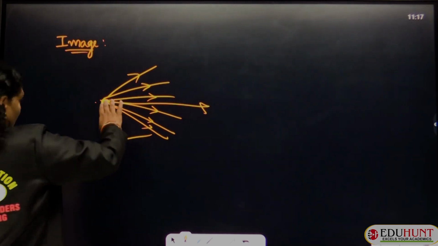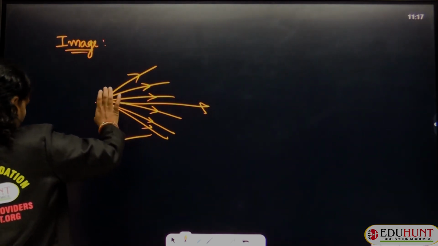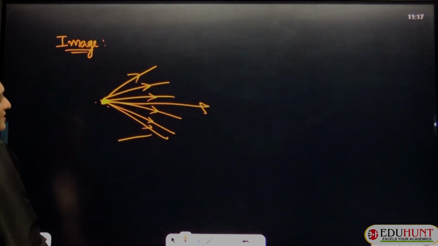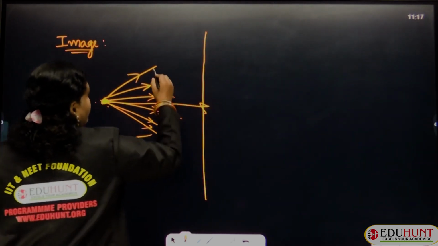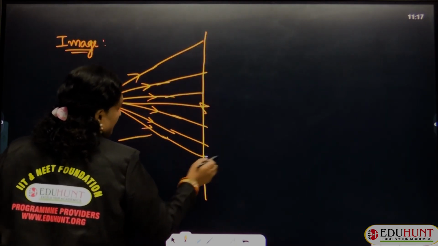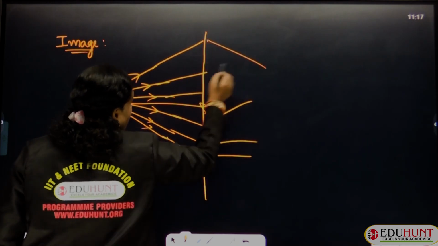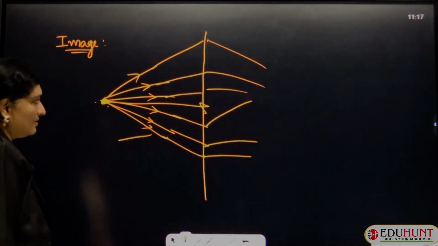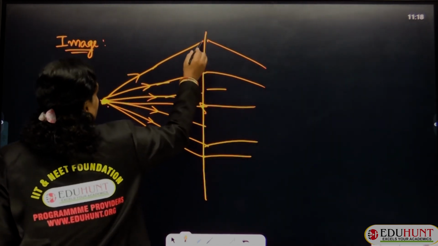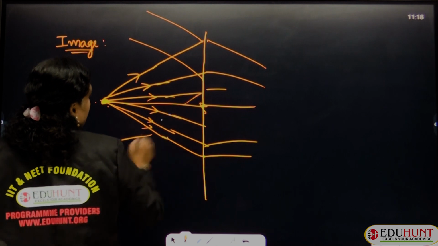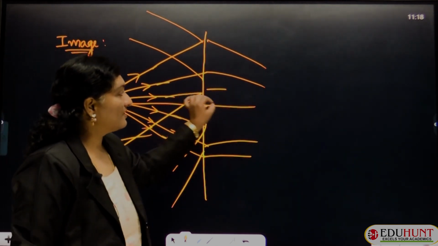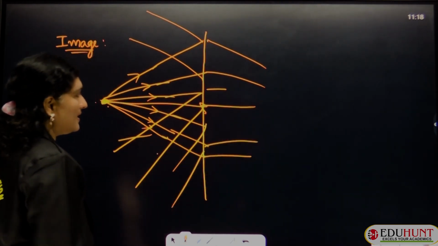So if the rays of light are diverging from a point after reflection, or maybe after refraction, they may go inside, or they may come back, something like this. Okay, these are the reflected light rays, those are the refracted light rays, and anything can happen.